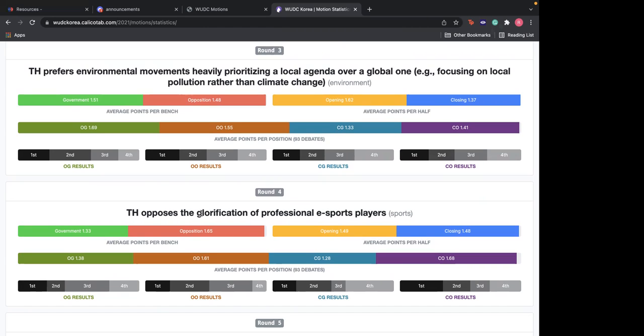Or even if it's not glorification of their quality as a player, it's glorification of how this is a great career for you because you can play games which you obviously enjoy, but also make a lot of money doing this because these players earn so much money. So these people are glorified in terms of how amazing their profession is because you do what you love and you're able to make money. But in real life, you have to work so hard. For example, you have to practice like 14 hours a day in order to become the top of the world.